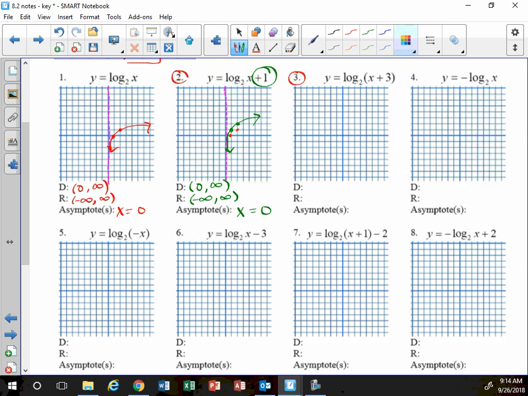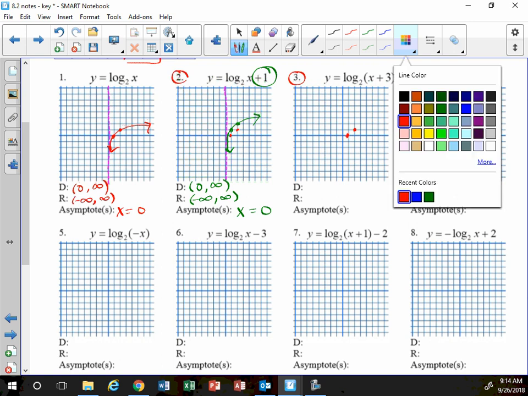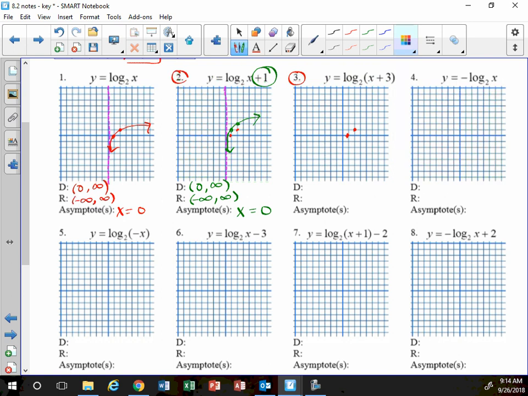What are my 2 points? 1, 0. 2, 1. Okay, good. Where am I going this time? What does this mean? Right, left, up, down, where is it? Which side? It's in parentheses with the x.